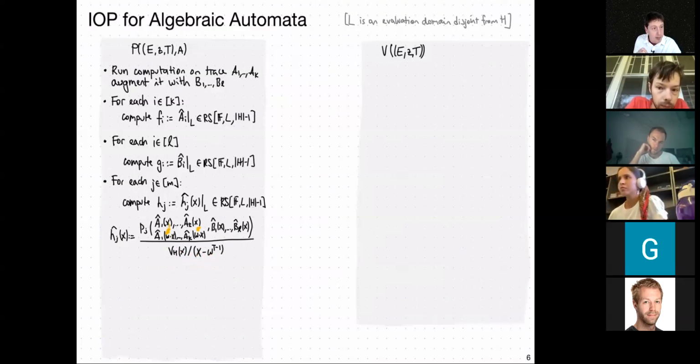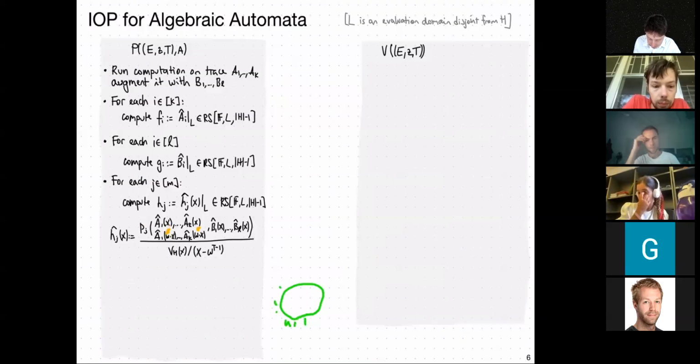We have T time steps, not T plus 1 time steps to check. Let me draw it here. Here we have our cyclic group of size T. We start at 1, omega, and so on, up to omega to the T minus 1.